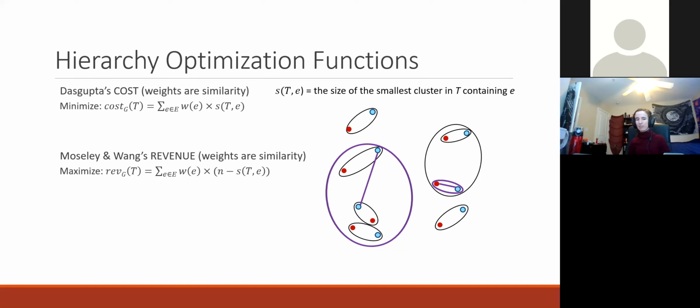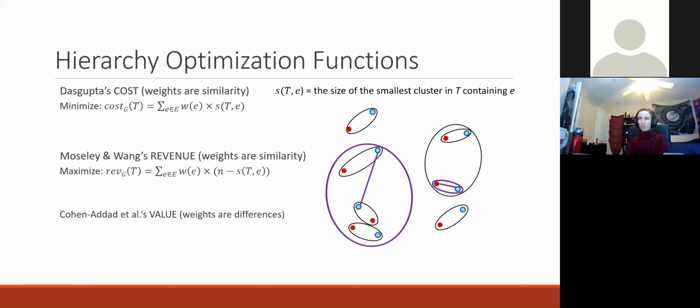It's very empirically successful and is very simple and intuitive. Average linkage approximates revenue to a 1/3 factor. So revenue to some extent models this very nice, intuitive, practically useful algorithm. So in that sense, I would say revenue is both simpler and more practically useful than cost.